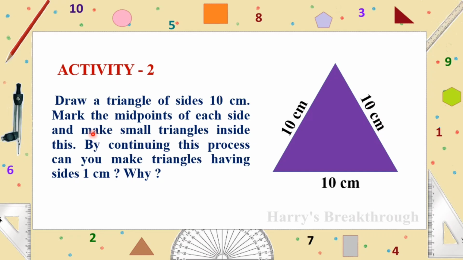By continuing this process, can you make triangles having sides 1 centimeter? Let me ask you, if I took the side of big triangle as 10 centimeter and if I divided this triangle into small triangles like we have done before, shall we get a triangle of side 1 centimeter?